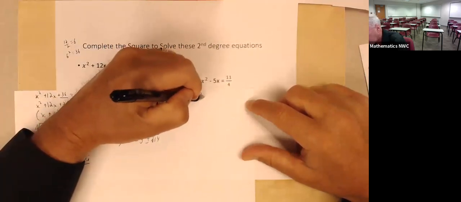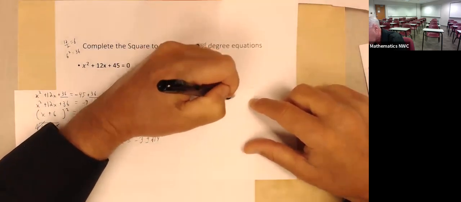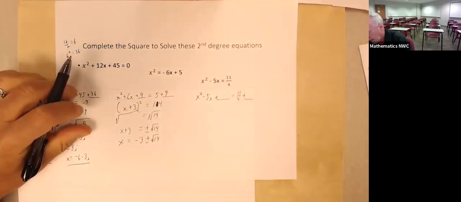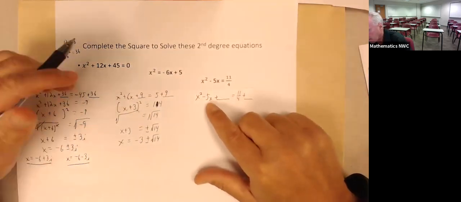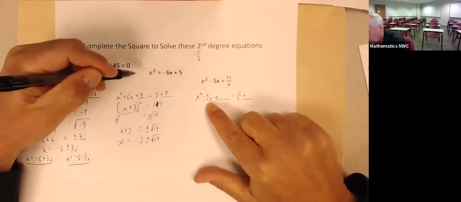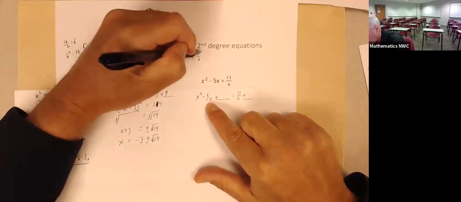So I start off, and I need to take this negative 5, cut it in half, or that means divide it by 2. It's not a nice integer. But then I also need to square it.